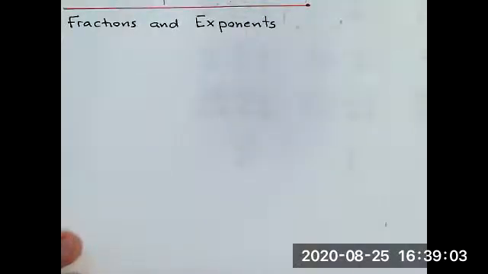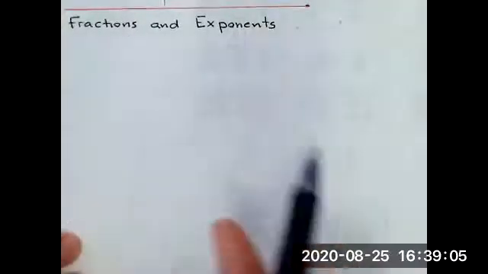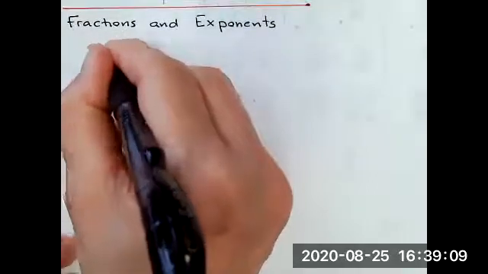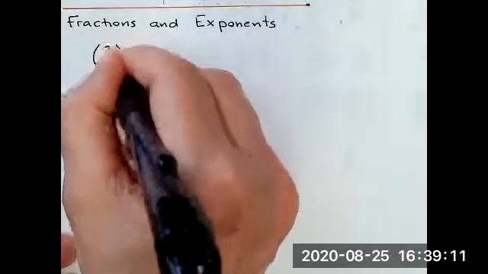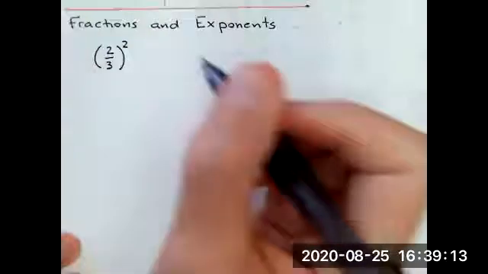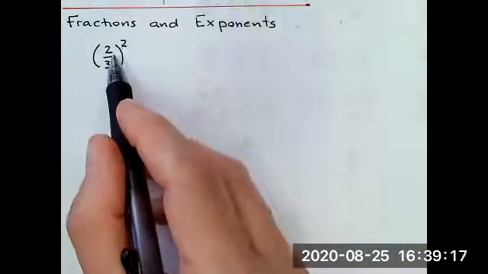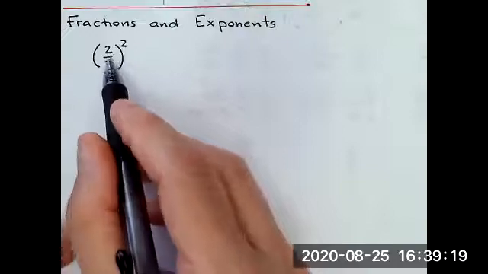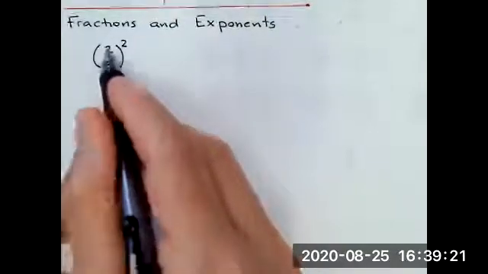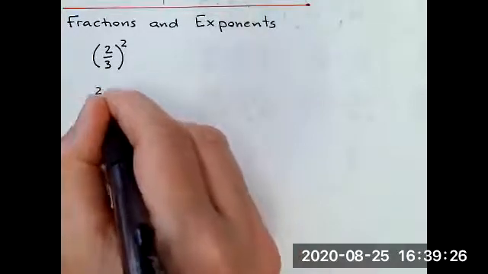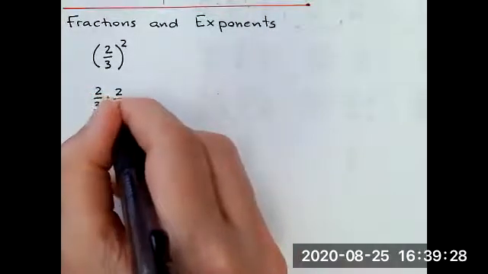All right, let's talk a little bit about fractions and exponents. When you have 2/3, the quantity squared, remember that exponents are a shorthand way of writing repeated multiplication. So 2/3 squared is 2/3 times 2/3.